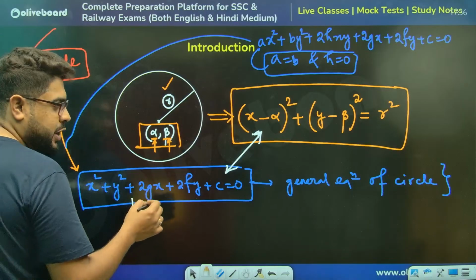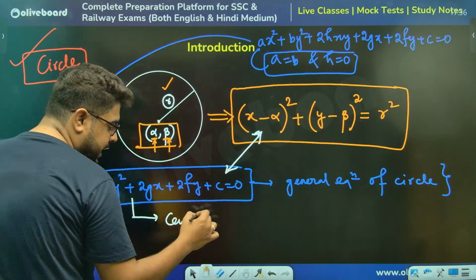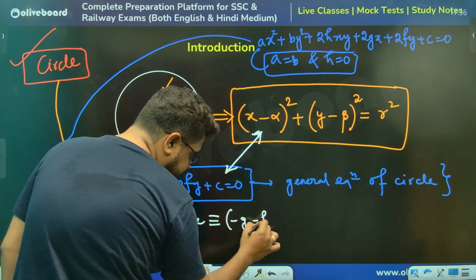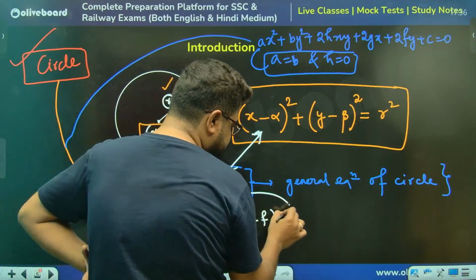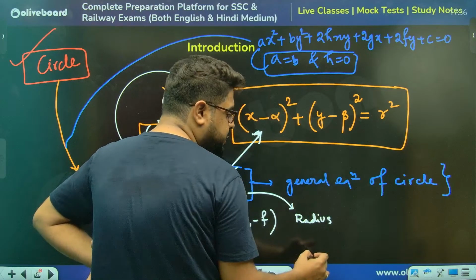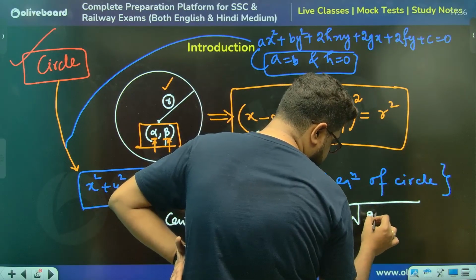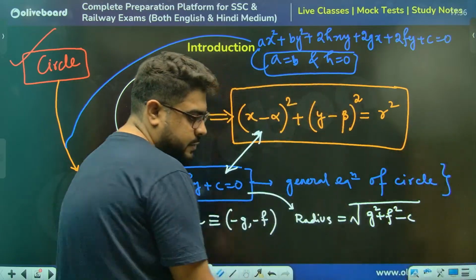The center of this circle will always be at minus g comma minus f. And the radius of this circle will always be root over of g square plus f square minus c.